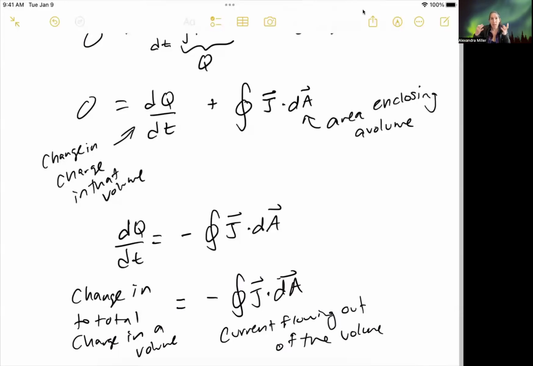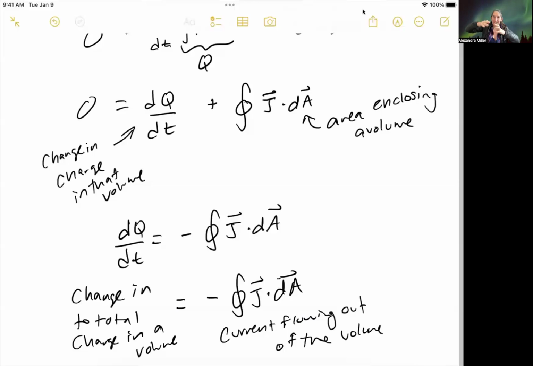And again, here I'm using Q, which might feel like electric charge, and that's a nice analogy to keep in mind. But this could be any conserved quantity, right? It can be energy, it can be momentum. The change in that conserved quantity in some region is equal to the amount of that charge flowing out of that region, right?